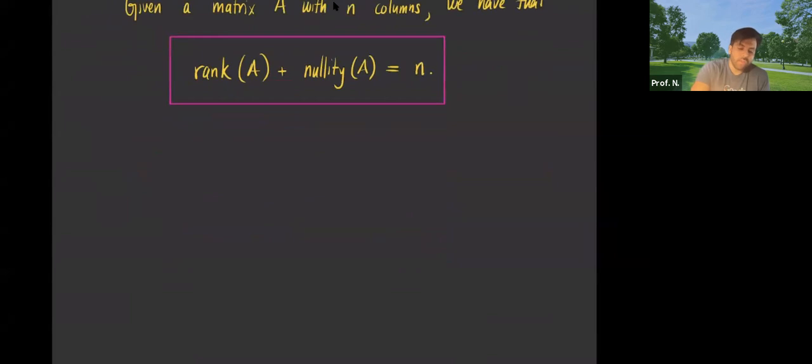The theorem makes sense because rank stands for independent rows representing pivot variables and nullity represents the free variables. Yes, that's right. So with this, I'm just going to write the idea of the proof.